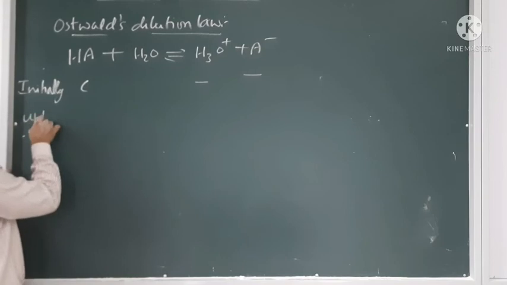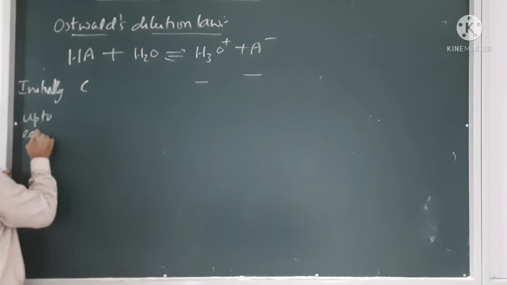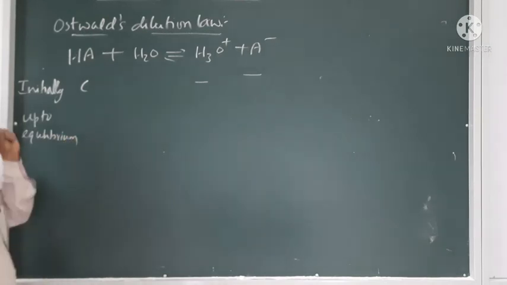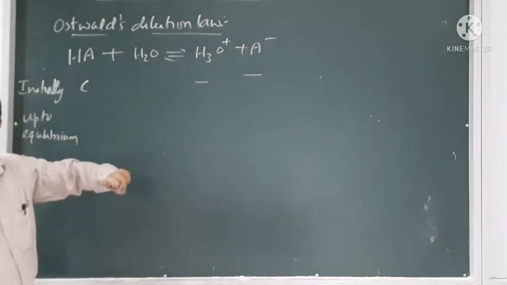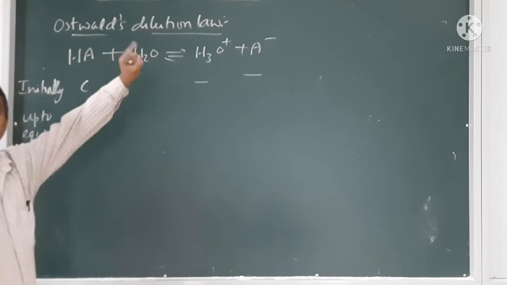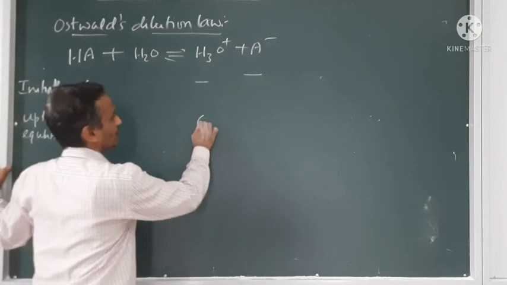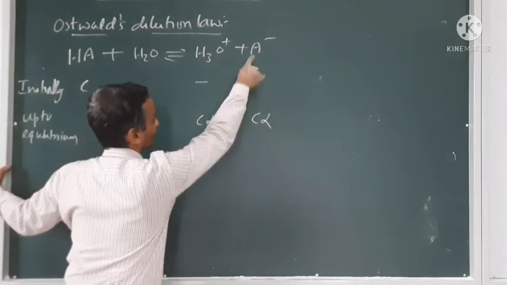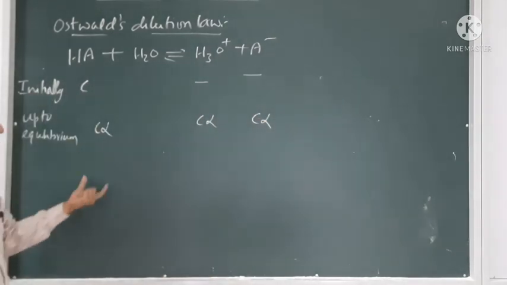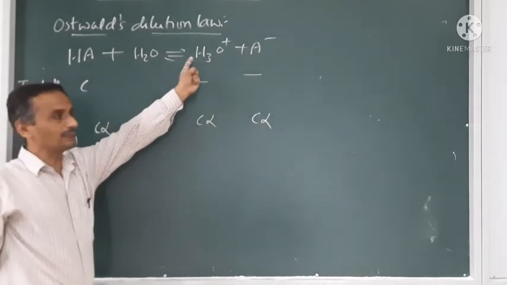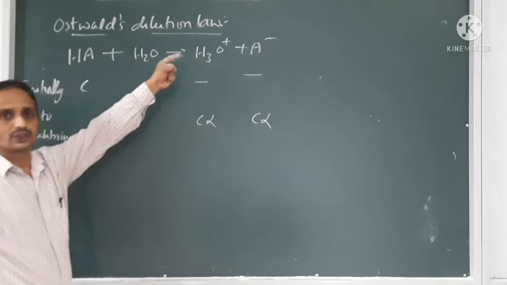Up to equilibrium, from C, the number of moles dissociated with alpha is C alpha. C alpha is coming as A minus ion. C alpha from HA is going, whereas that will be coming as H3O plus and C alpha as A minus also.